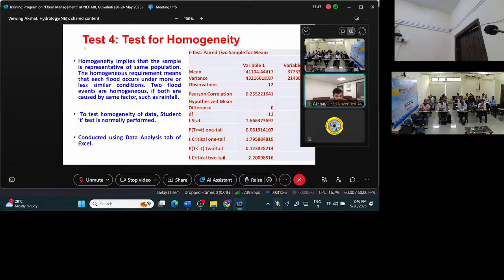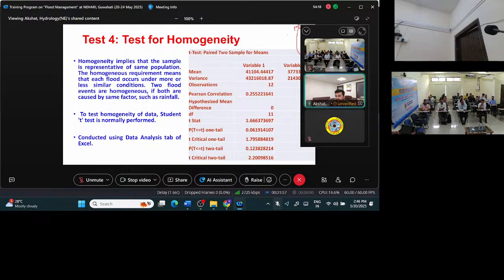Another test is the test for homogeneity. What is homogeneity? Homogeneity implies that the sample is representative of the same population. What is population? The total series that may ever be constructed is known as the population.